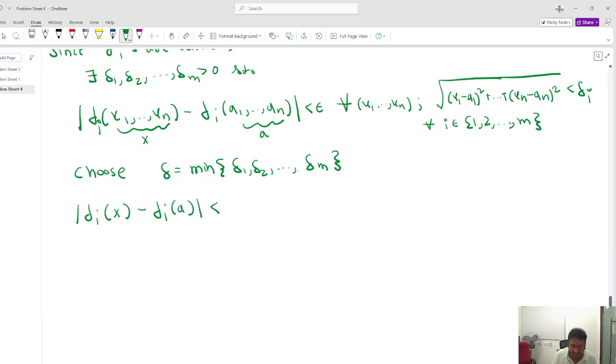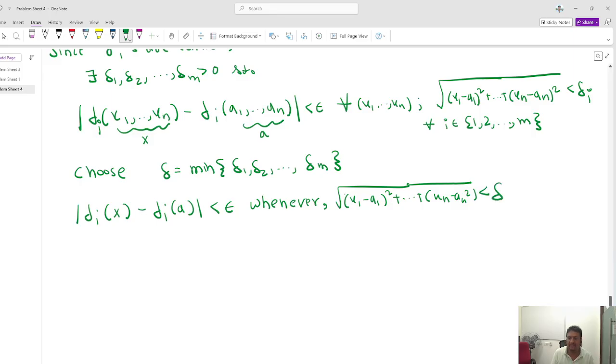The modulus of fi of x minus fi of a is always less than epsilon whenever your distance, which is x1 minus a1 whole square plus dot dot dot xn minus an whole square, is less than delta, for all such x. Now you have this, call it star, and this is happening for every i in 1 to m.